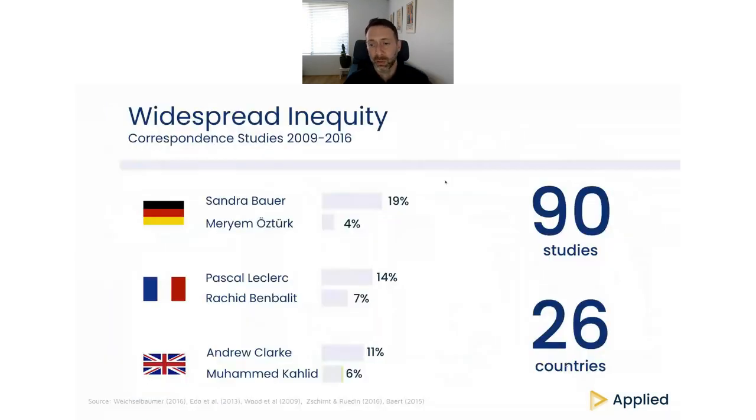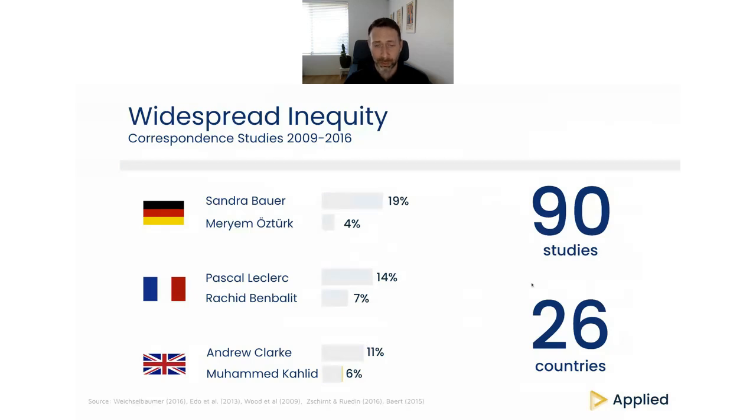So in answer to the question, is this an isolated study? The answer is absolutely not. This is a meta study down the bottom, which shows that from 2009 to 2016 alone, there were more than 90 of these studies done across 26 countries.